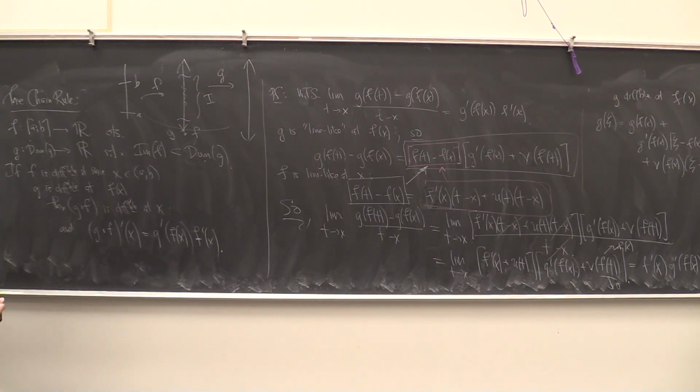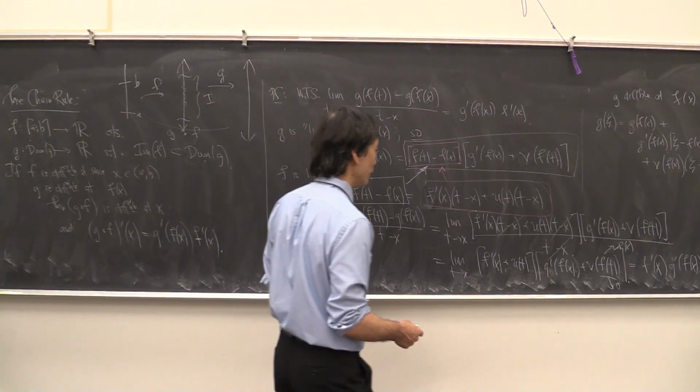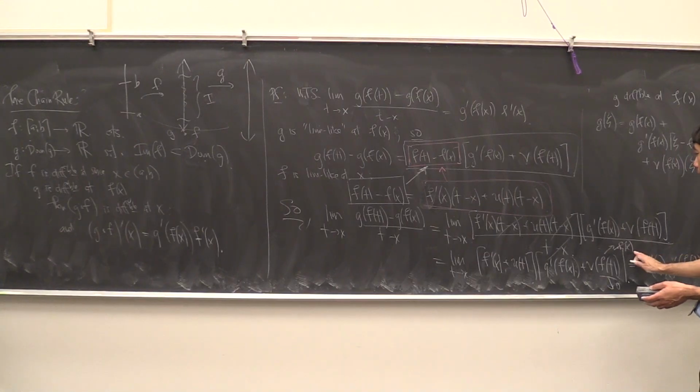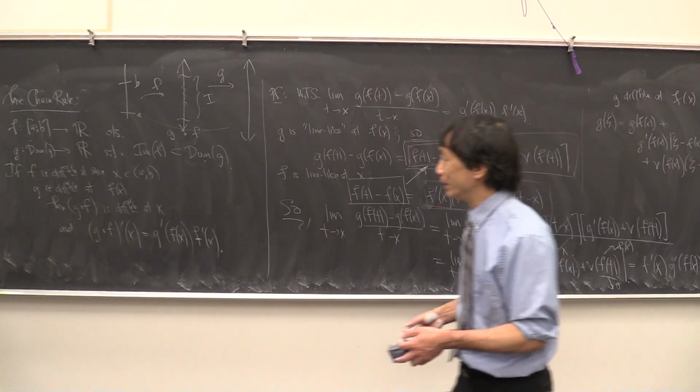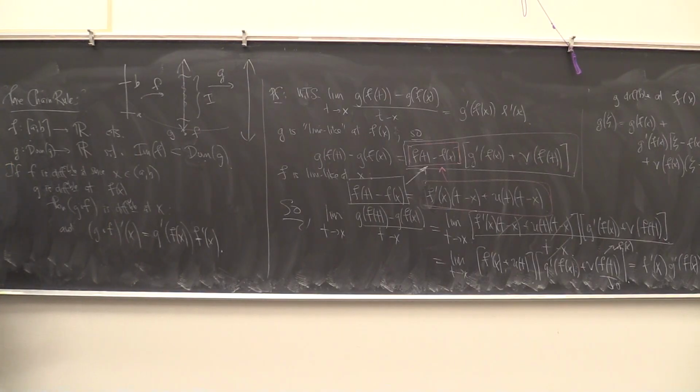You might be right, Izzy. You've got continuity at that point, so as t approaches x, f of t goes to f of x, and that's kind of all you need. There might be something tricky that I'm missing, but you're like 90% correct. Cool, that's good enough for me.